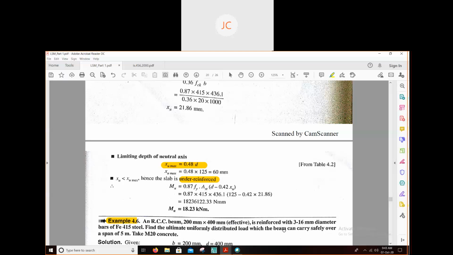You have to find out the moment of resistance, and then you have to find out the value of UDL, that means W. Find out the value, and tell me the answer.